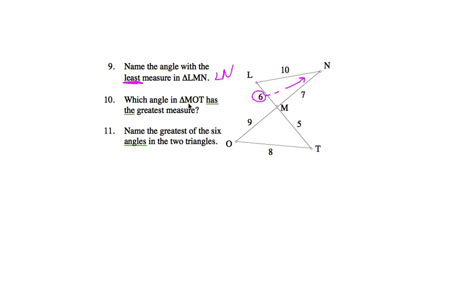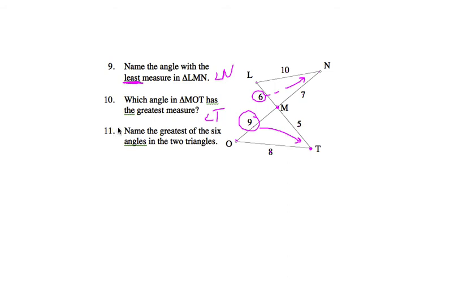Okay, number 10, which angle in triangle MOT has the greatest measure? So triangle MOT. If I'm looking for the greatest angle measure, I'm looking for the biggest side of 5, 8, and 9. 9's the biggest, so I draw across to its angle. Angle T has to be the biggest angle in that triangle.